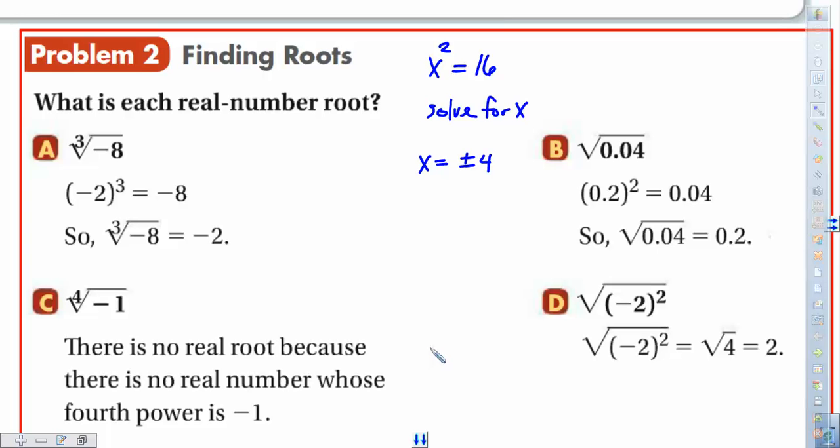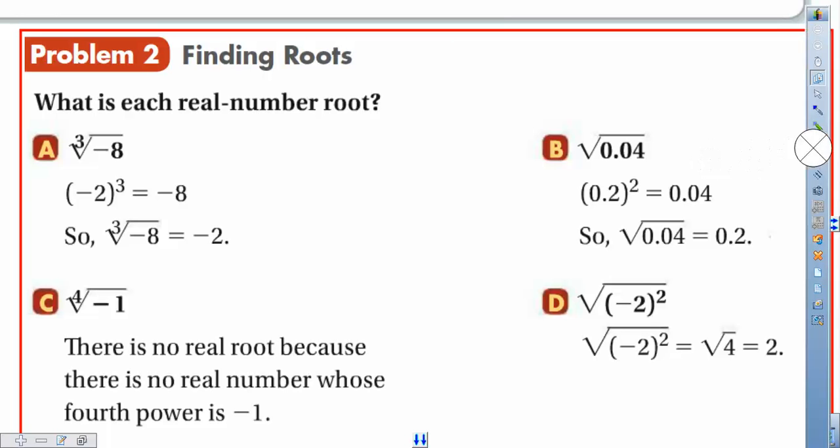The difference between what you just saw right here in blue and what you see right here is that they aren't asking you to solve for x. All they want you to do is simplify and tell us what the square root, in fact the positive square root, if I put a little plus sign right there, of 0.04 is. That's it. So that was your job. You did it successfully. High five.